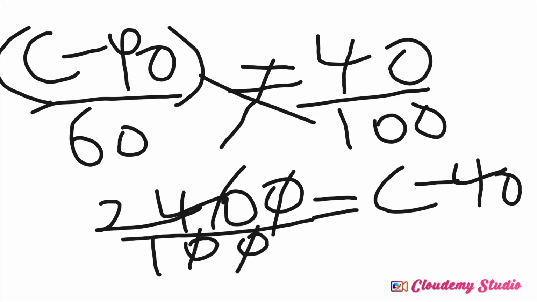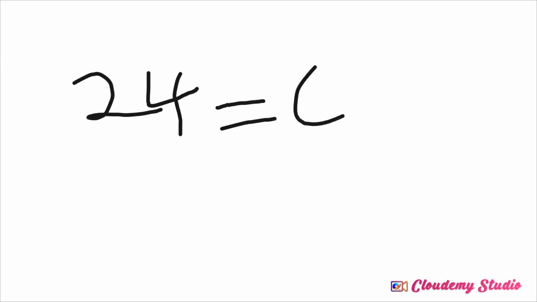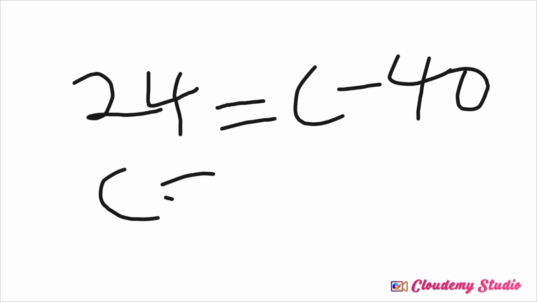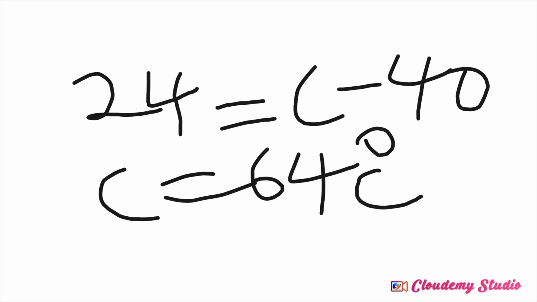Sorry, let me take it to a new page. So we have 24 equals C minus 40. That will be, C minus 40 is equal to what? 64 degrees Celsius. That's all.